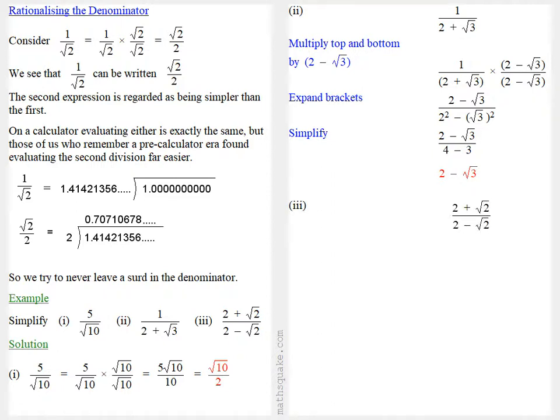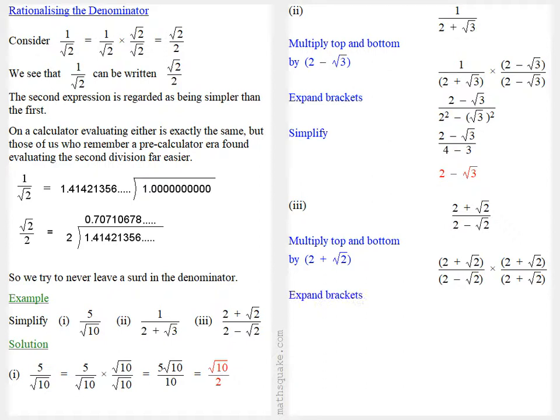In question 3, we've got a similar one, 2 plus root 2 on the top and 2 minus root 2 on the bottom. Now, if it's 2 minus root 2 on the bottom, we multiply top and bottom by 2 plus root 2. So on the top we have 2 plus root 2 times 2 plus root 2, and on the bottom we have 2 minus root 2 times 2 plus root 2. Now the top expands as 2 squared plus 4 root 2 plus root 2 squared.